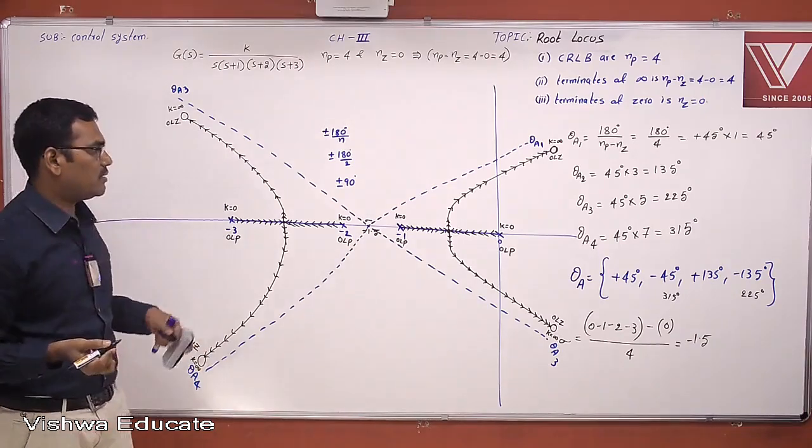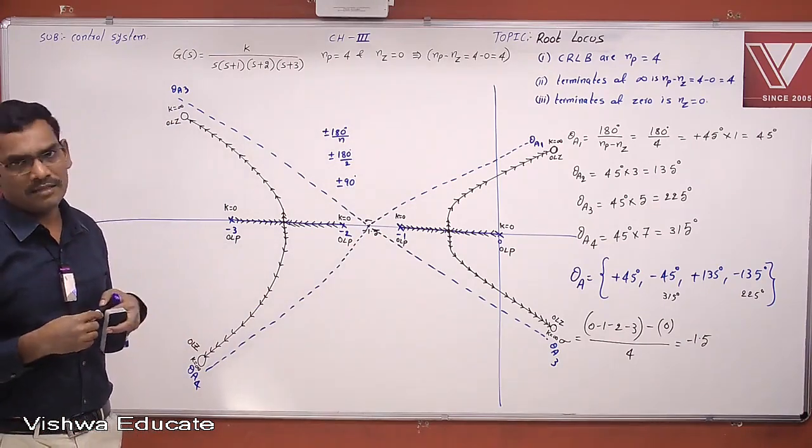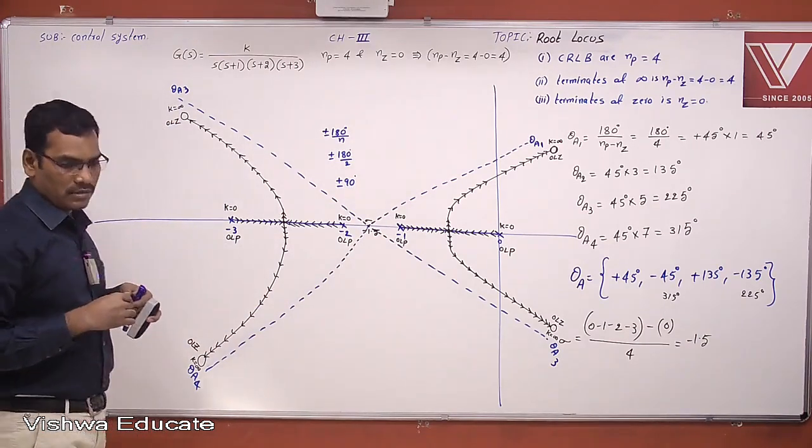Okay, this is very simple. Now see the shape of the root locus diagram, which will follow the angle of asymptote. Okay, now just draw this root locus diagram.